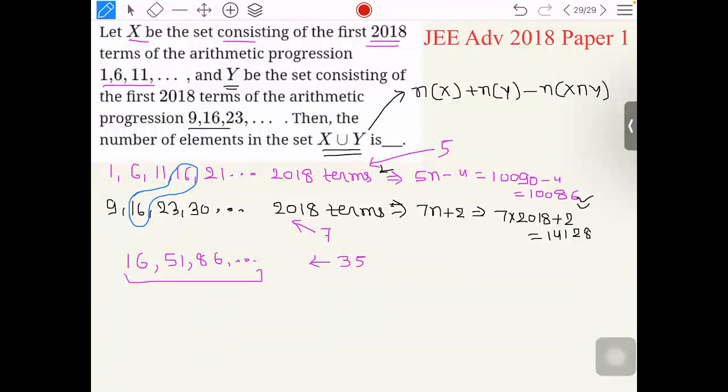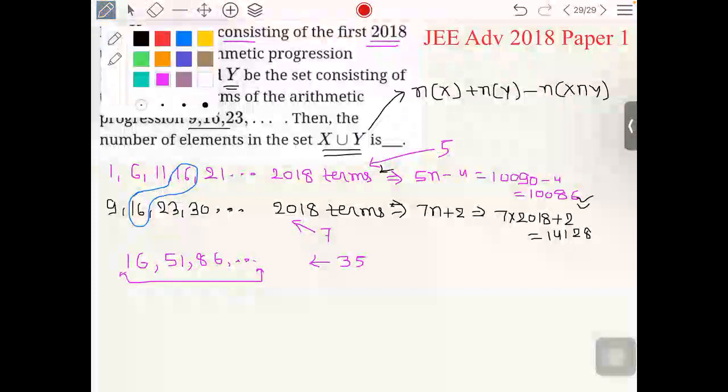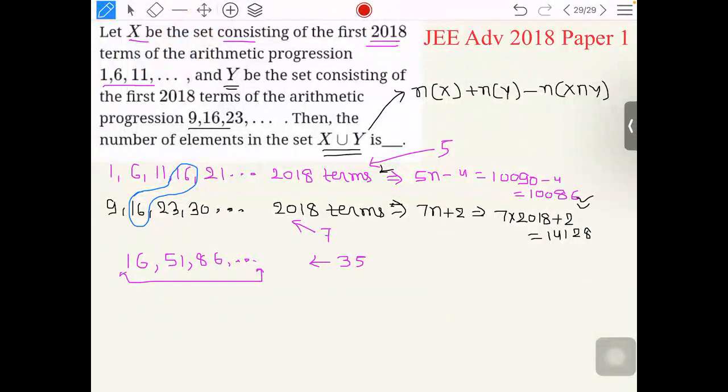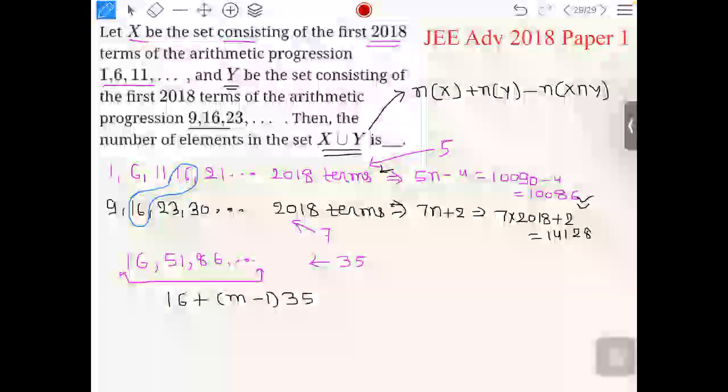अब हमें निकालना है कि ऐसे कितने कॉमन टर्म्स होंगे. तो इस सीरीज का जनरल टर्म हम लोग क्या लिख सकते हैं, 16 प्लस m माइनस 1 टाइम्स 35. 16 इज द फर्स्ट टर्म, and then always you should find the LCM and then you should calculate it.